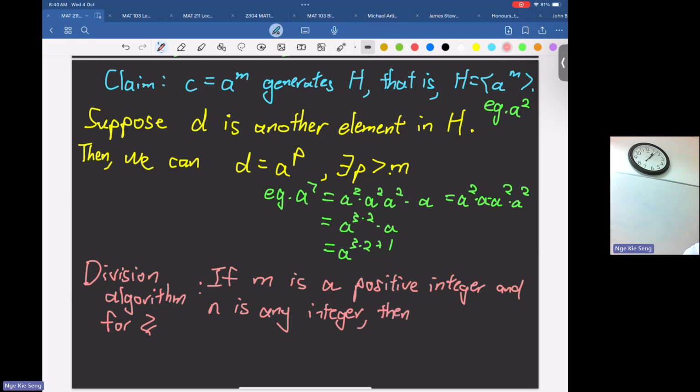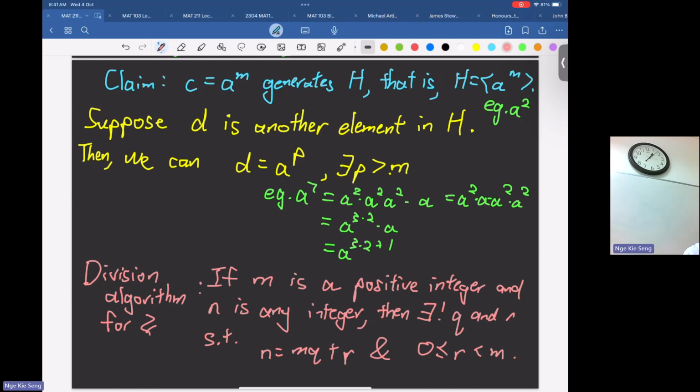Then there are two numbers, and they are unique. There's only one solution. You need two numbers q and r such that n equals mq plus r. And there's a condition on r. Anyone know what's the condition on the remainder after you divide? The remainder has to be strictly less than m and greater than or equal to 0.